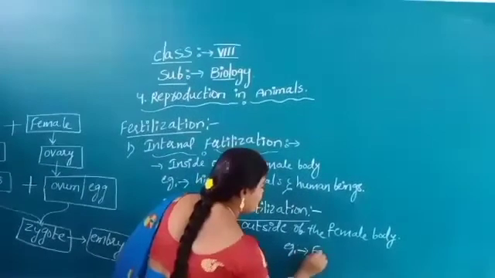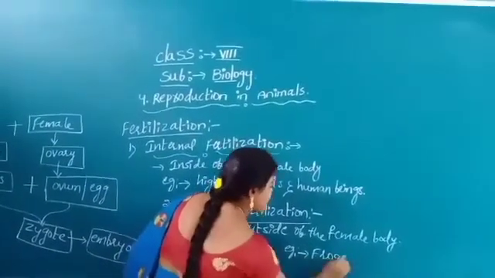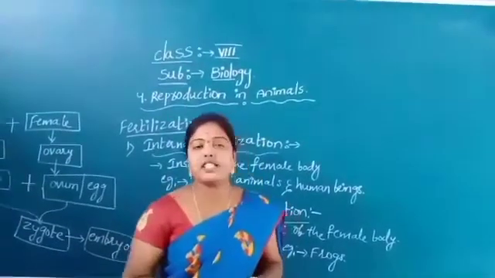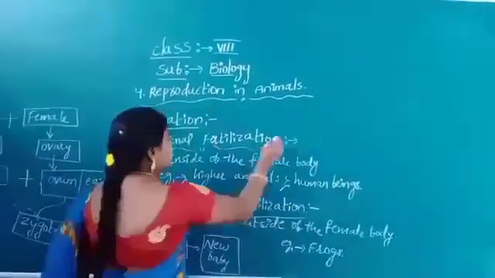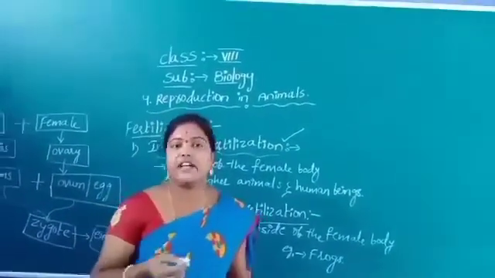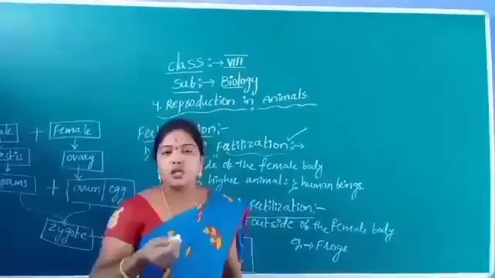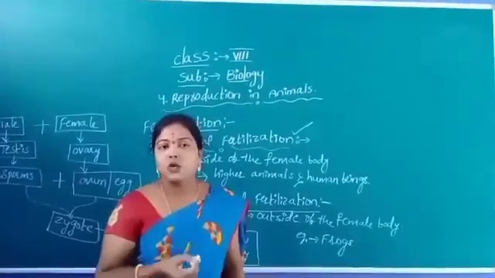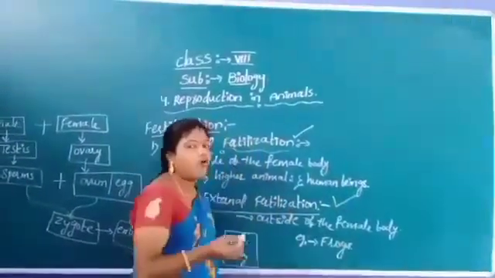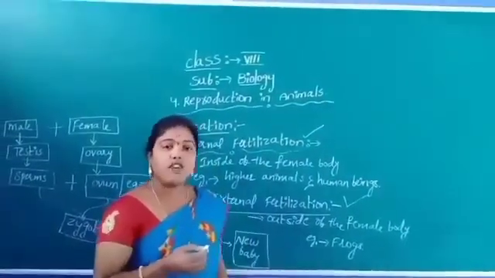Example: frogs. Children, in the previous class we discussed internal fertilization, how it takes place in the female body. Today we are going to discuss external fertilization, how it takes place in frogs.